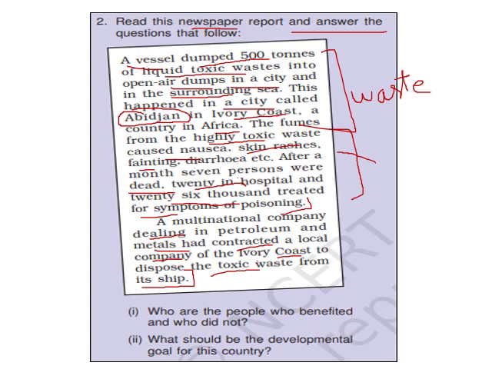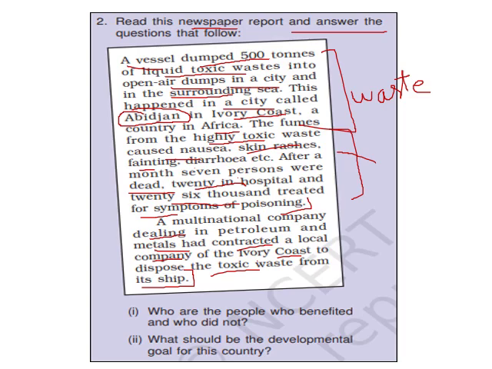And after a month, 7 were dead just because of these kind of conditions, and 26,000 people were found with different kinds of symptoms of poisoning. Now this multinational company, which was dealing in petroleum and metal, had a contract with the local company of Ivory Coast to dispose the toxic waste from its ship.